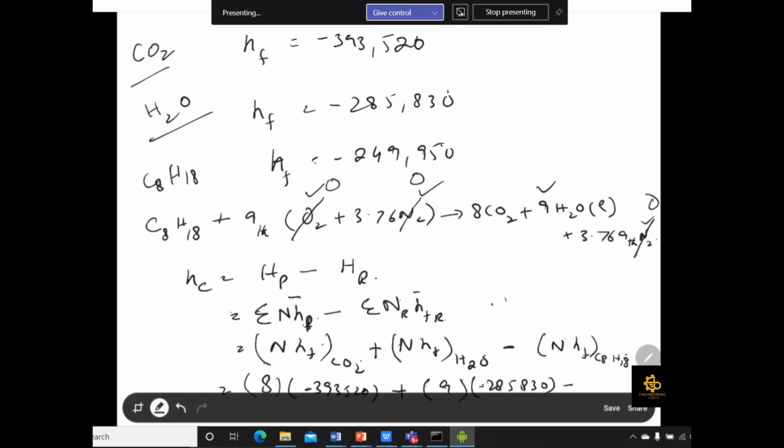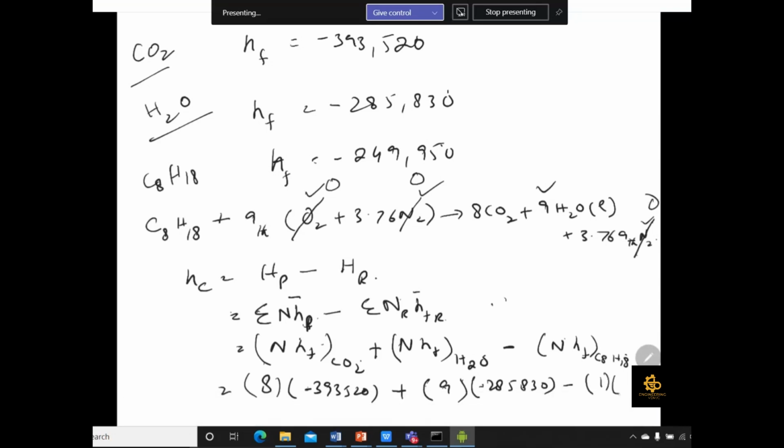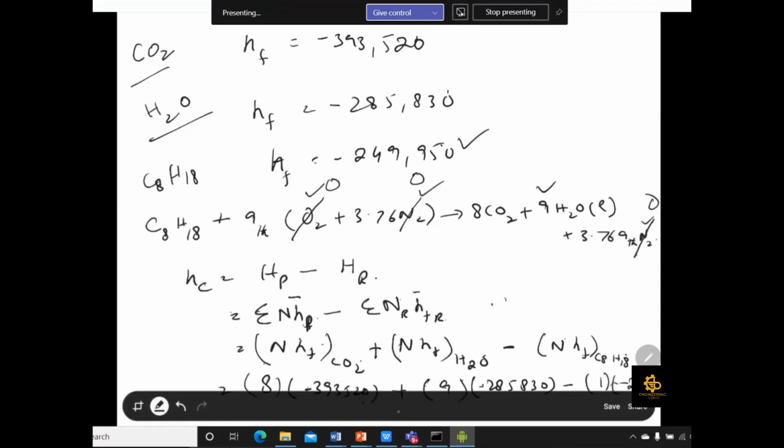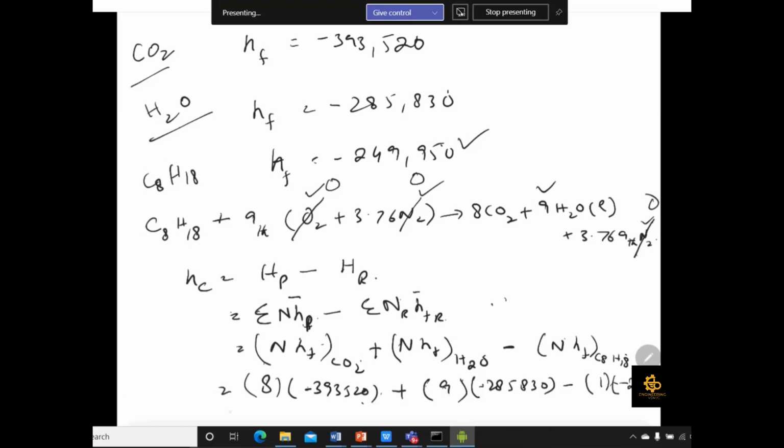Then minus the number of moles of C8H18, which is 1 kilomole, with enthalpy of formation minus 249,950, which also comes from thermodynamic data. If you solve it, you will get the value of the enthalpy of combustion.